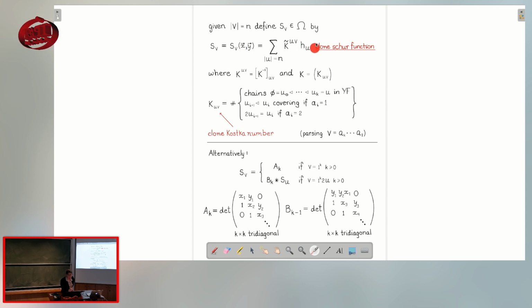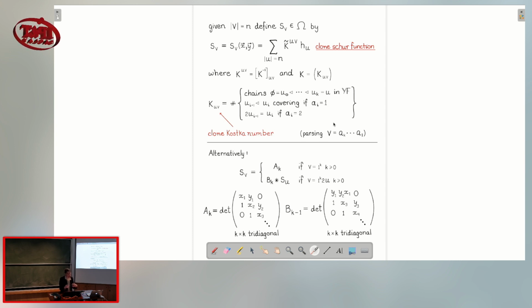Again, they're going to be expanded in terms of the homogeneous functions with some structure constants, which are, there shouldn't be a tilde here, inverse clone Kostka numbers, where the clone Kostka numbers K_{u,v} again enumerate certain kinds of chains in the Young-Fibonacci lattice. These are chains that begin at the empty word and end at u, and where the jumps are somehow controlled by v.